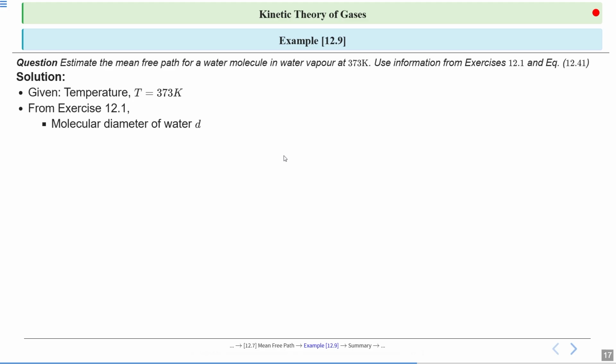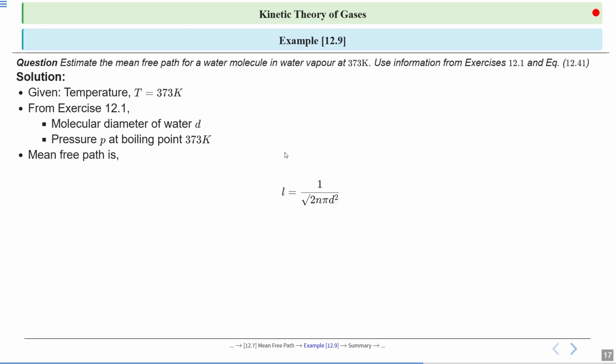So from exercise 12.1, we have the molecular diameter of water denoted as d, and the pressure P at the boiling point, 373 Kelvin. We are trying to find the mean free path. This is the average distance a molecule travels before colliding with another molecule.